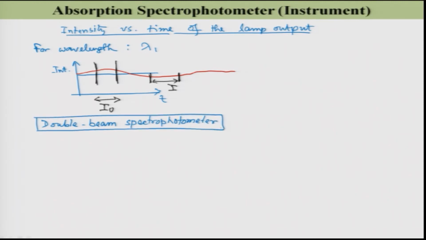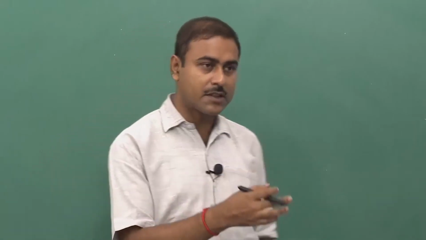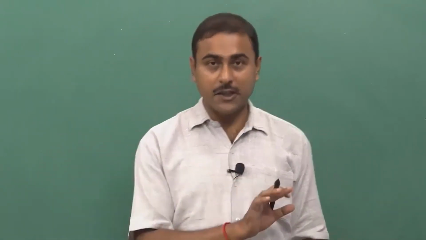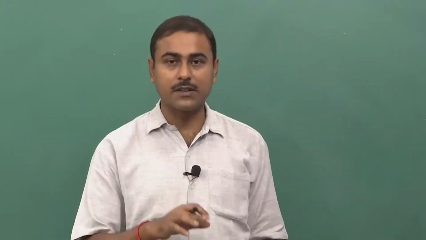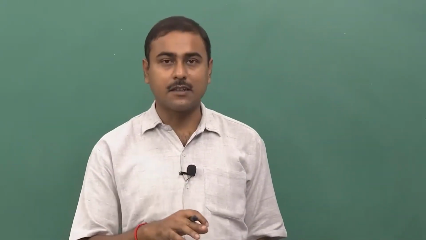I can easily solve this problem if I measure I0 and I simultaneously. So, whenever I am measuring I0, I am measuring I, and whenever I am measuring I, I am measuring I0, right. If I can do that, then this fluctuation of the lamp intensity will no longer be a problem.